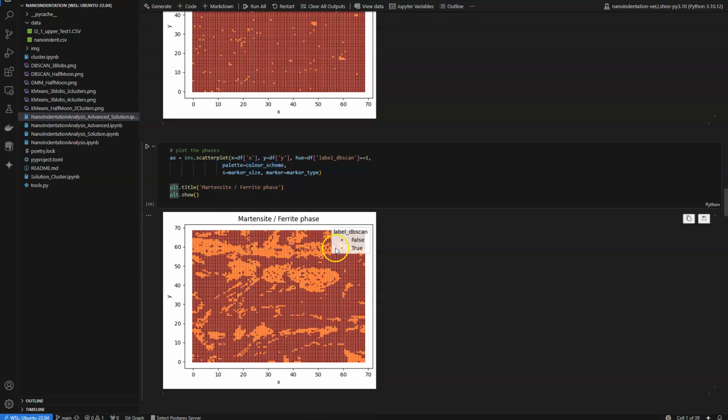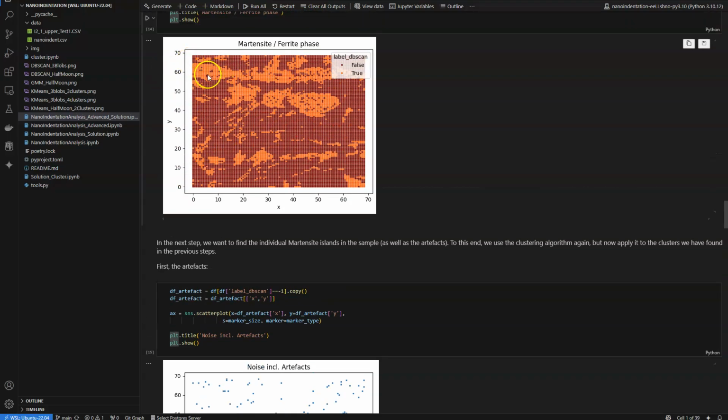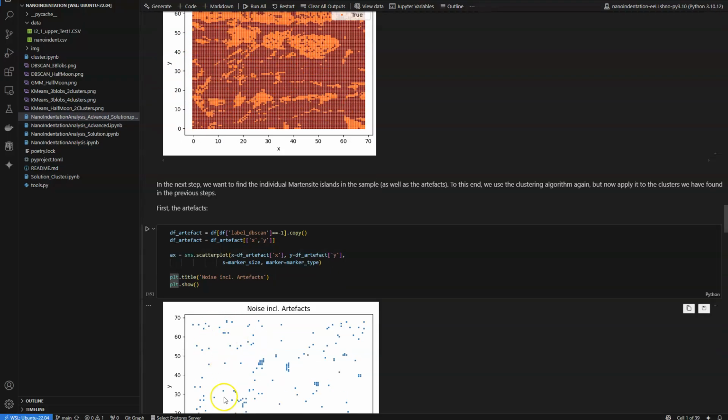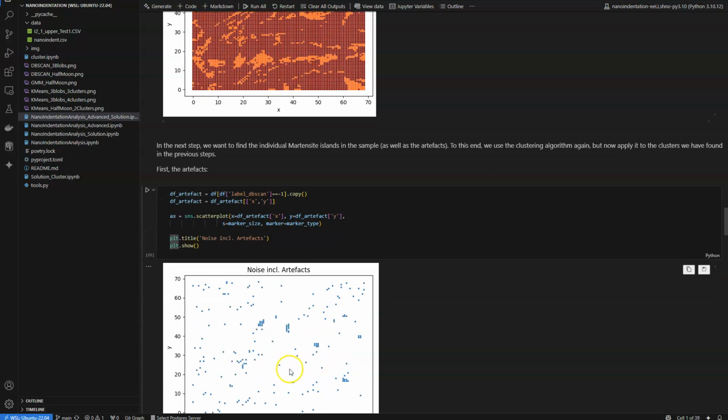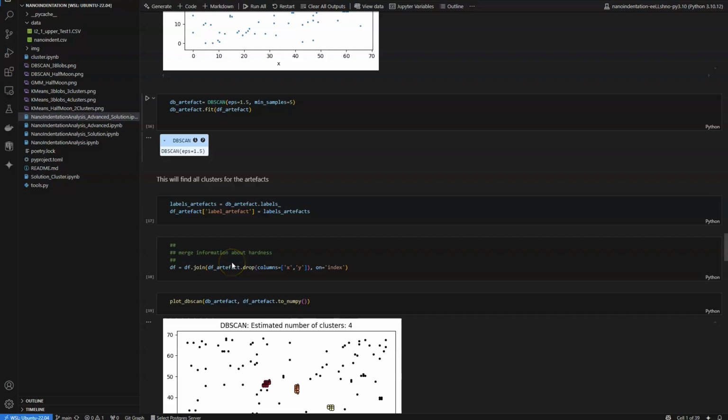We can plot the different phases, so we can plot the martensite and ferrite phase, and you can see that we have a homogeneous distinction between the martensite islands, almost like there is some noise there, and the ferrite phase. You can also then look at the artifacts and the noise again, so we see that all of the dots that are in the phase here that are missing, these are clustered as noise, and we have those bigger artifacts, so we can cluster on all of those again.